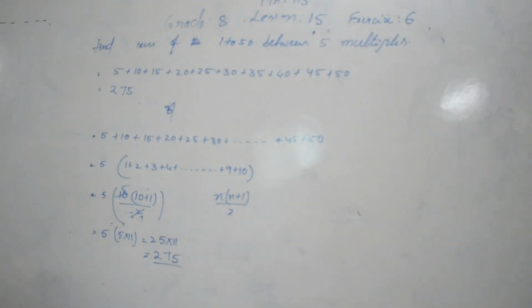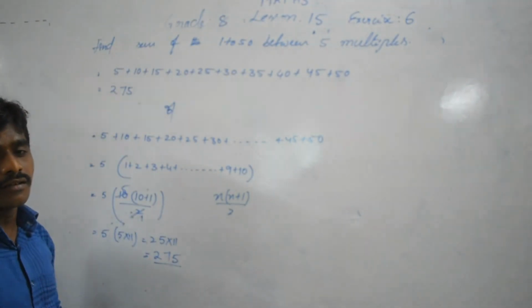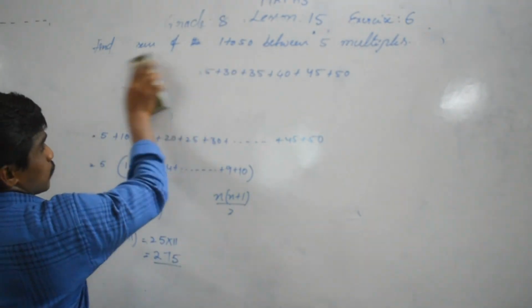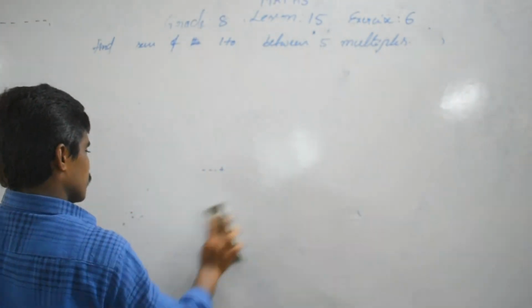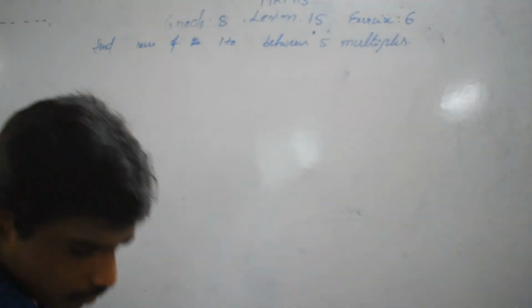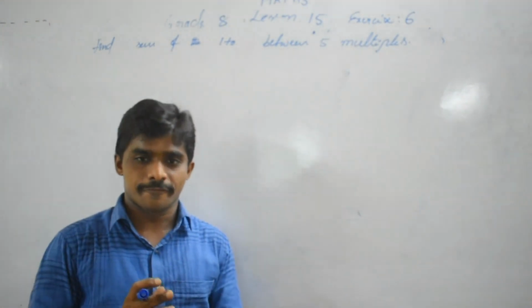Next one, we are going to exercise 15.6. Find the sum of integers which are divisible by 5 from 1 to 100. In the example I said between 1 to 50, but they are asking 1 to 100. So they are asking what? 1 to 100, how many numbers are divisible by 5?